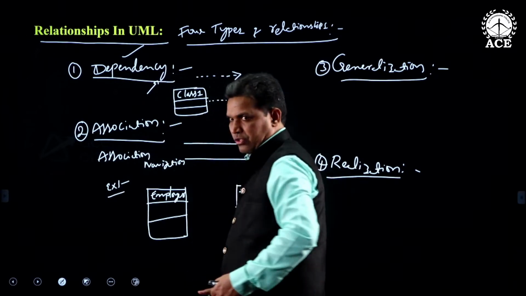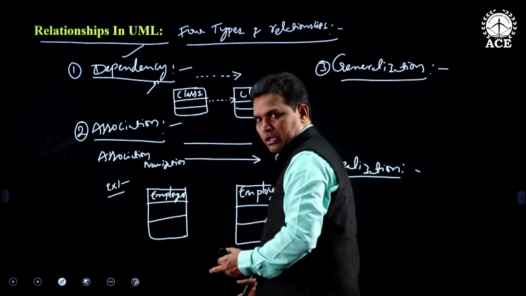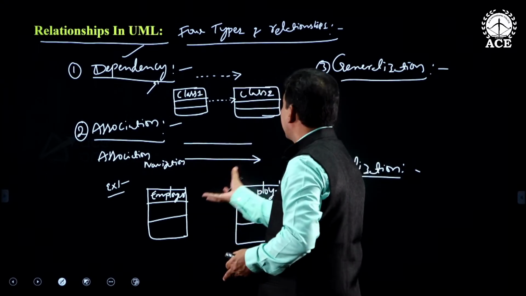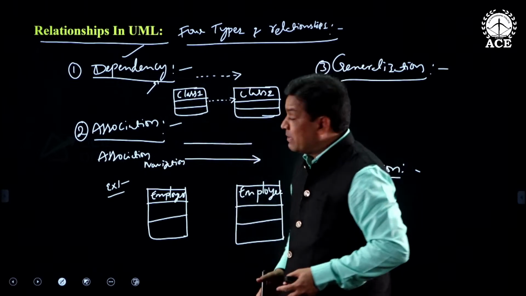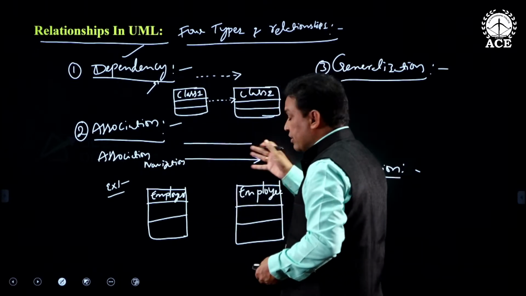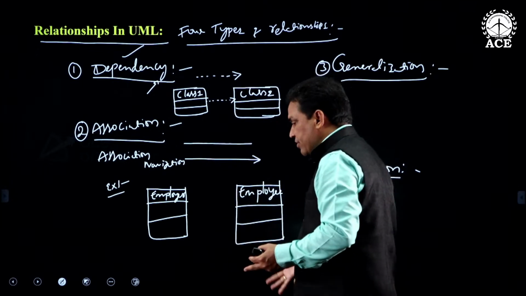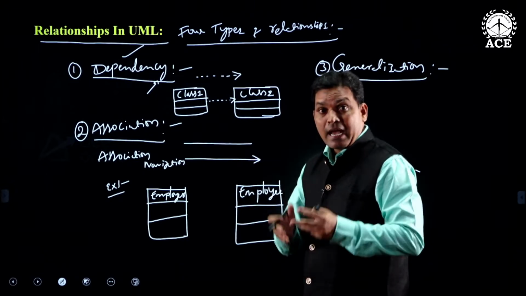These are two classes. As a designer, you want to model these two classes and establish a relationship between them. Among these four relationships, which relationship is best suited here? Employer is one class, employee is another. What is the best suitable relationship which we have to apply as a designer?